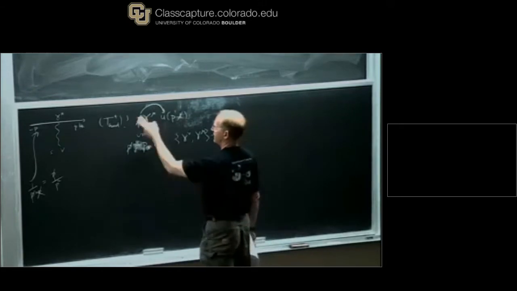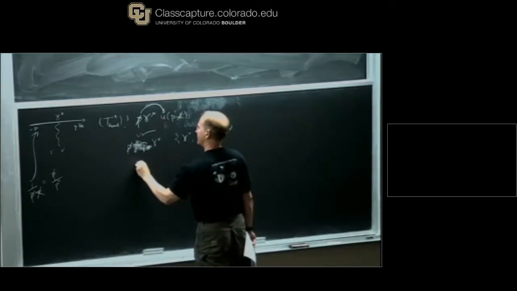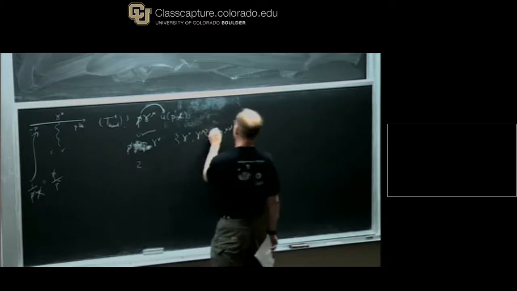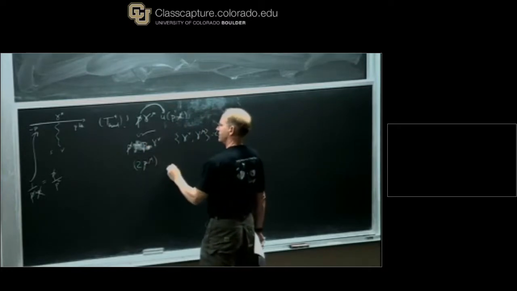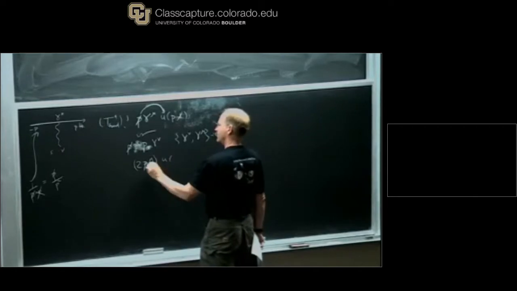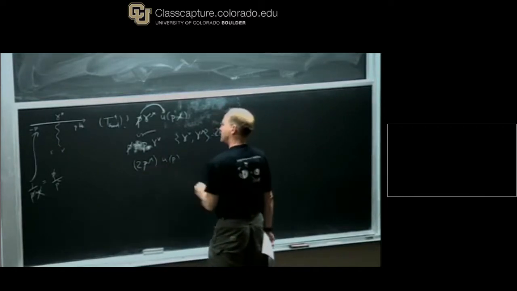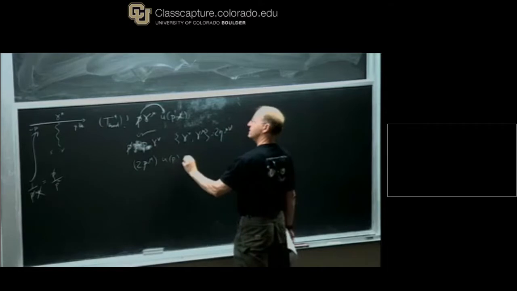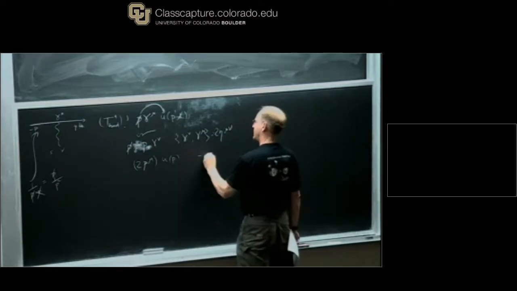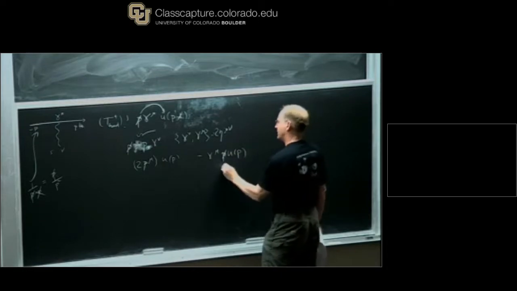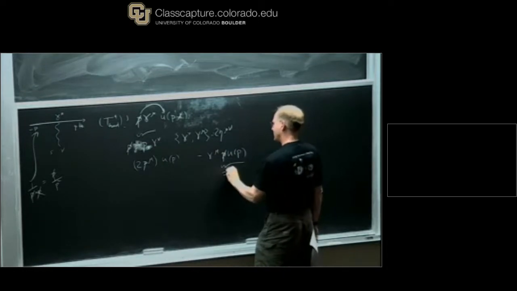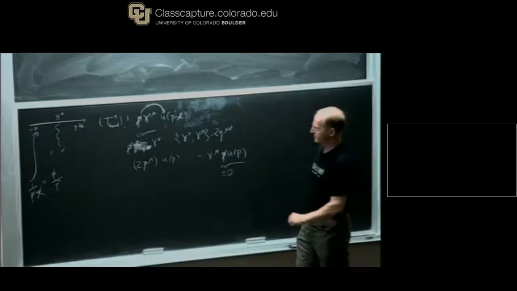So when I anti-commute this past, I get a factor of 2 p mu. And then that multiplies u, but this doesn't have any Dirac structure to it. But then I get another term with minus gamma mu p slash u of p. And then I use the massless Dirac equation to conclude that this vanishes.